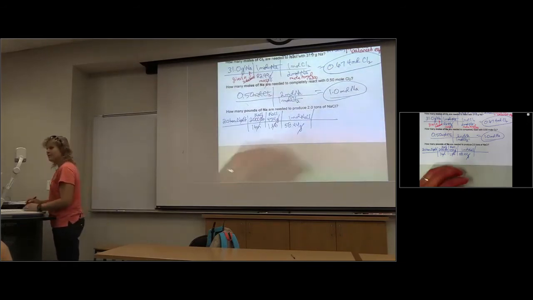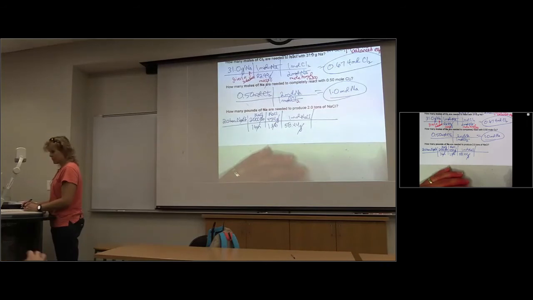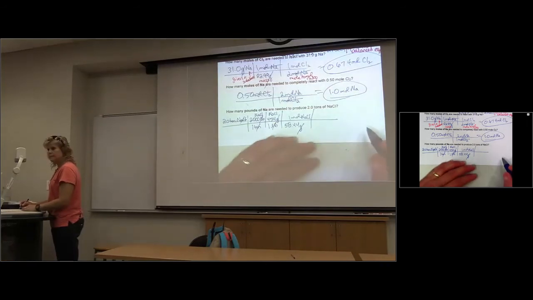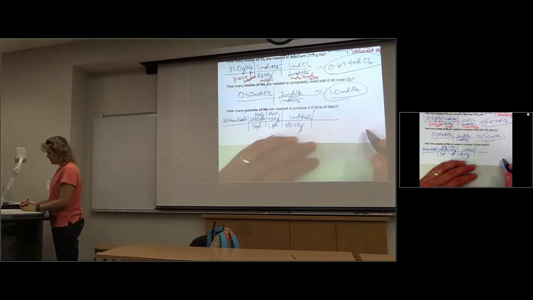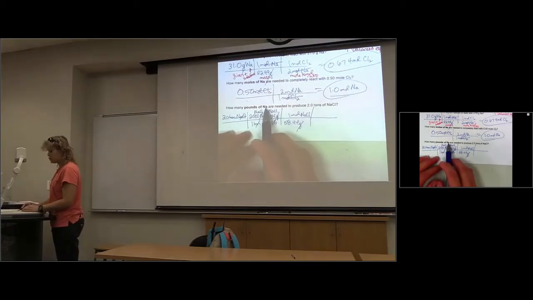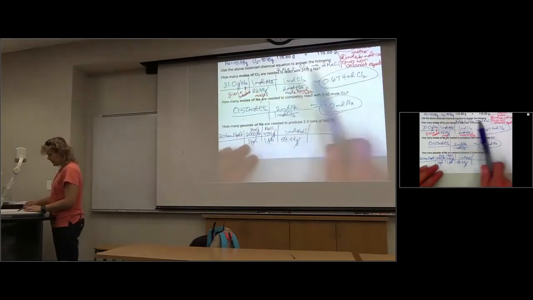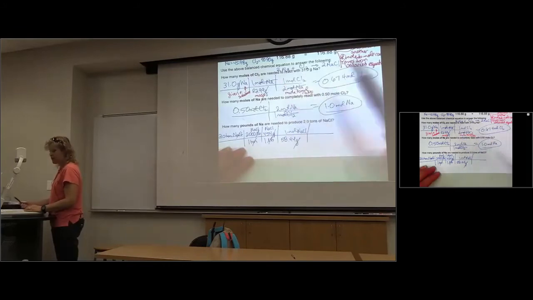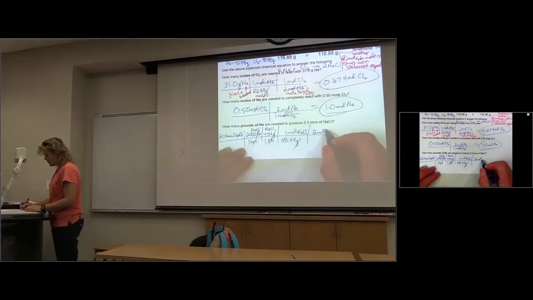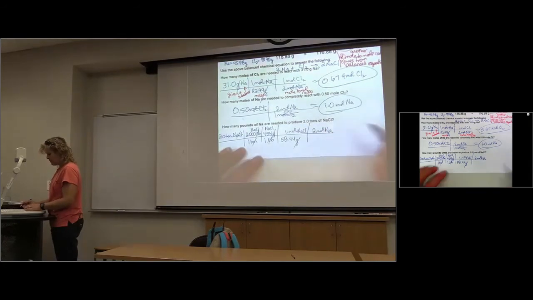So what am I trying to find? What goes on top is what you're trying to find. So 2 moles of Na. Now where am I getting the balanced equation? It's up here. I'd already written it down. All these problems refer to the same balanced equation. So 2 moles of Na on top.